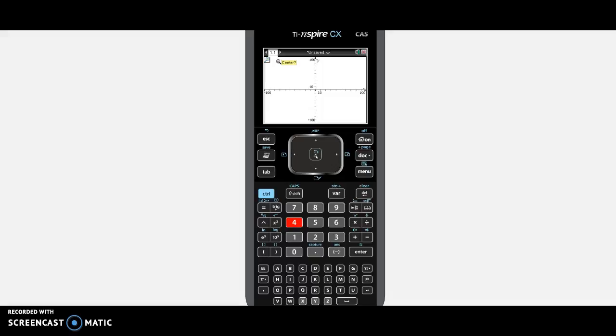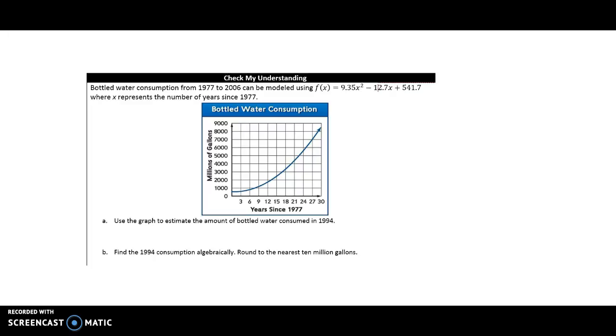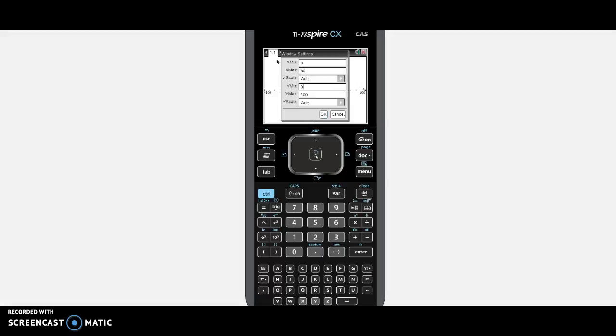So now I'm going to go back to my window settings and adjust appropriately. X-min 0, X-max 30, Y-min 0, and I don't remember, the Y-max was like 9,000. So it would have taken me forever to get there on my own, so let's use context clues from the graph. And here we go.